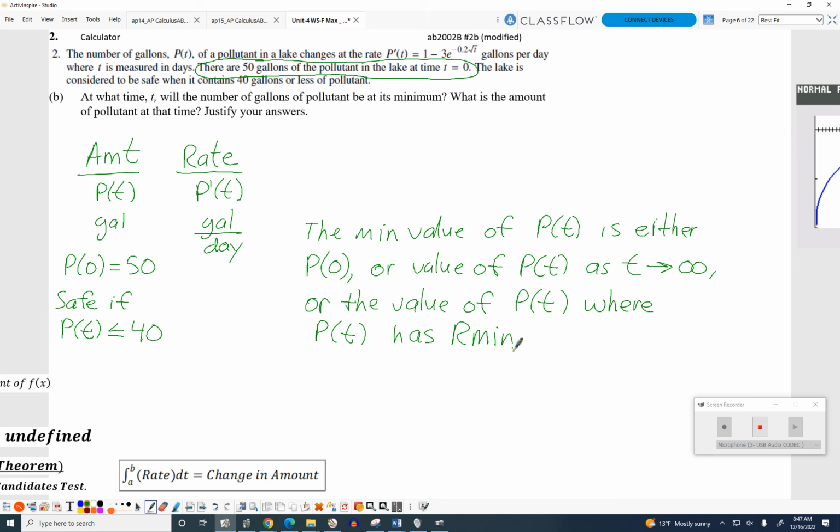Please, Sherry. Do you have to write that part where T goes to infinity? Because last time we only wrote the P of 0 part. So that was my error last time. And to be honest, they're not going to give you any points for this.